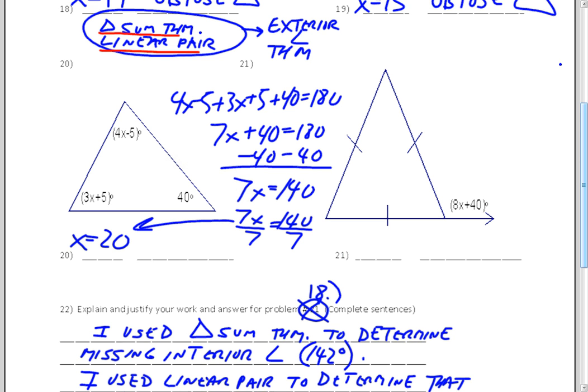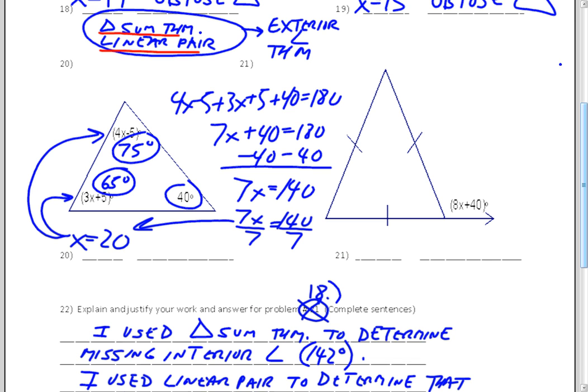Do a little substitution. If you substitute this into here and into here, you will get 65 degrees, you will get 75 degrees. What do you notice about all of those angles?